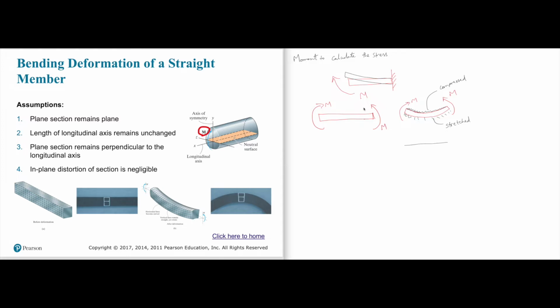Isn't the beam acting as if you have a normal compressive loading on the top, but a normal tensile loading on the bottom? So the top part is being compressed, the bottom part is being stretched.